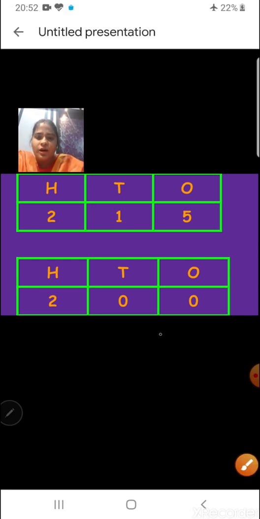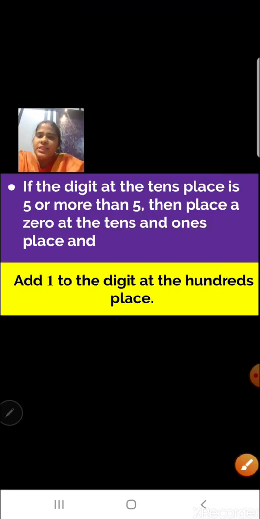Children, now if the digit at the tens place is 5 or more than 5, what do we have to do? Then also we place a 0 at the tens and the ones place. But here the digit in the hundreds place is going to change. We have to add 1 to it and then write our answer.